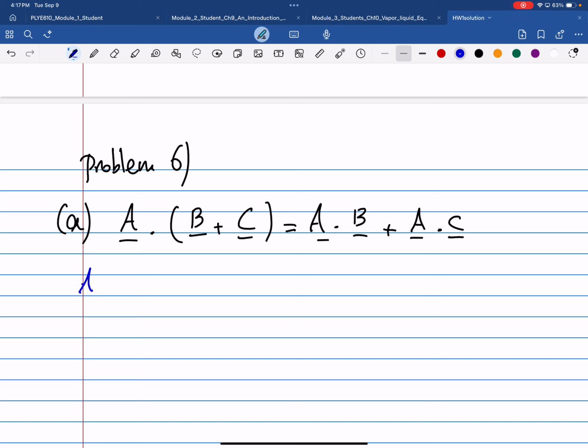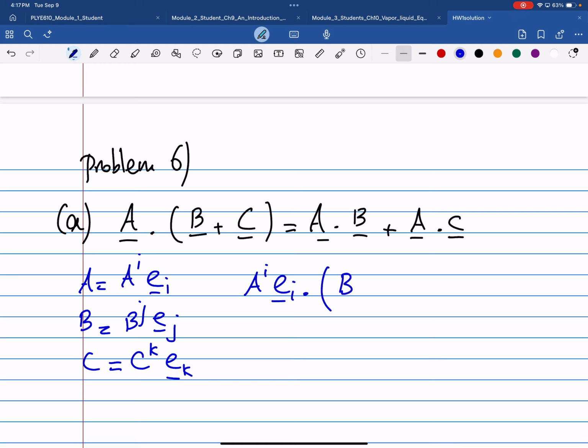So A is A_i e_i, B is B_j e_j, and let's call C as C_k e_k. If I do this, the left-hand side is going to be A_i e_i dotted by B_j e_j plus C_k e_k.